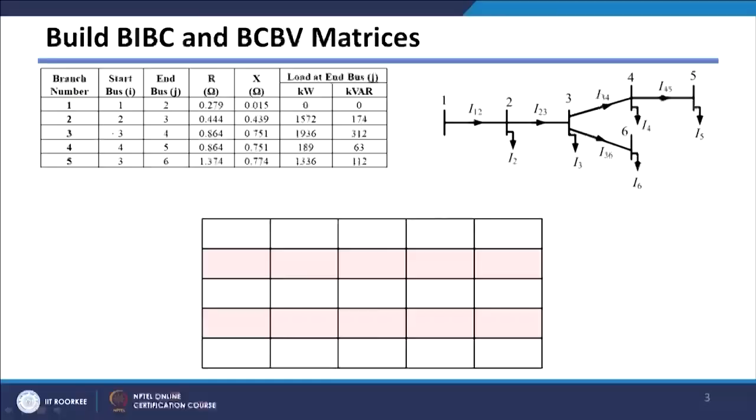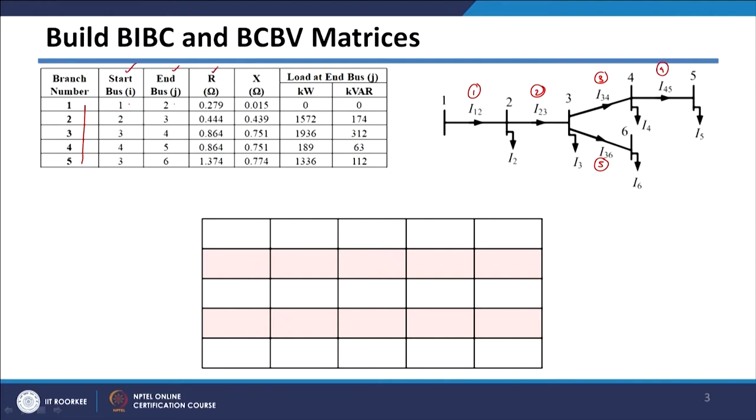Now, let us see how we can get these BIBC and BCBV matrices from your system data. Let us say you are having this system data, similar to the system data which you considered for the backward forward sweep algorithm. I have taken it here, and as I told you, these are the branch numbers. This is branch number 1, branch number 2, branch number 3, branch number 4, and branch number 5, and their connections. The starting bus and ending bus are given in these columns.